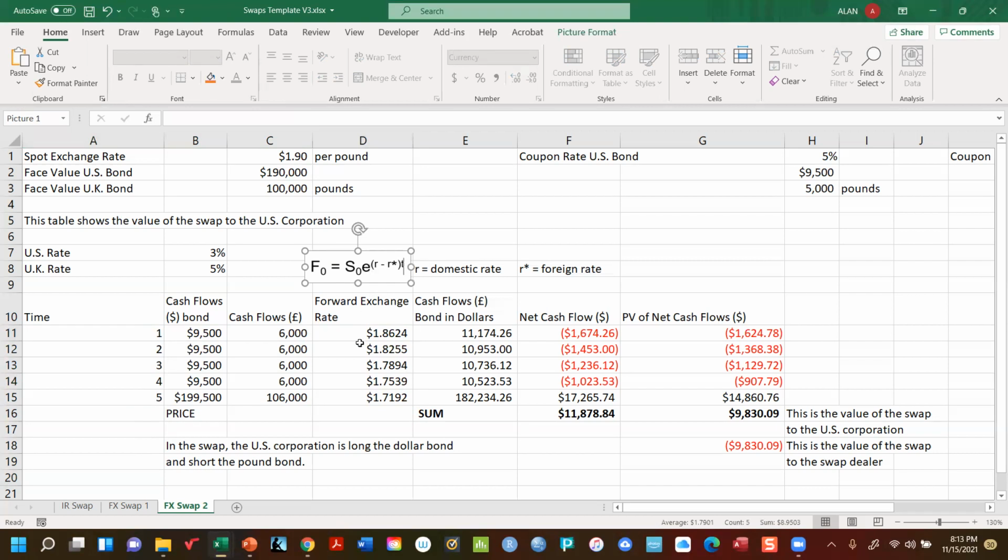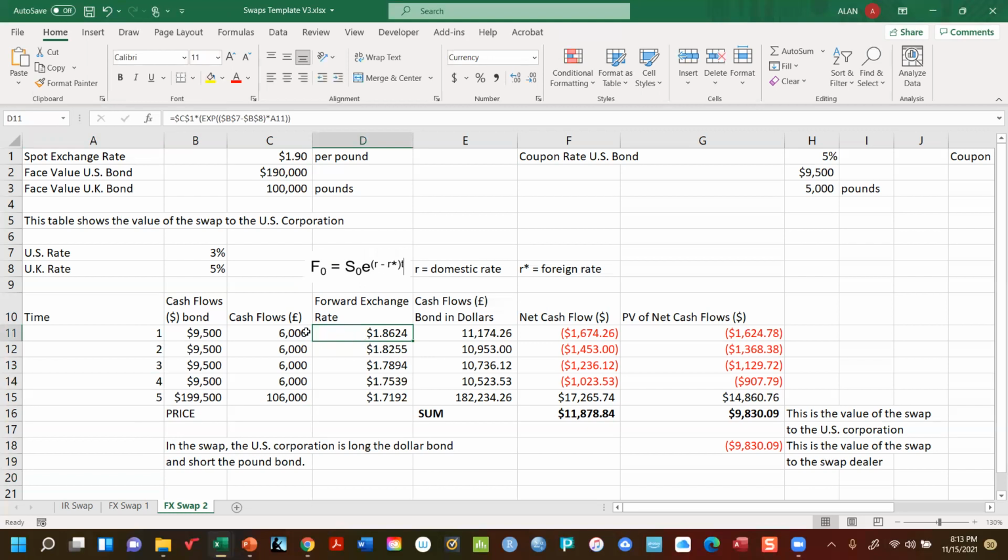And so what we're basically saying is, if this is the rate that we can lock in, that means whoever owns this pound bond could enter into a forward contract to exchange 6,000 pounds in 1 year for $11,174.26 because of this forward exchange rate.